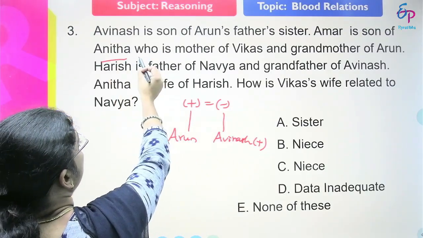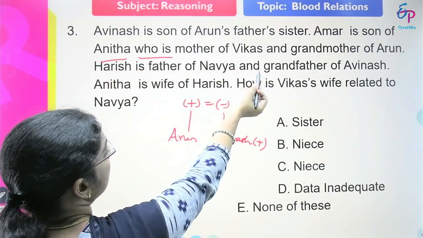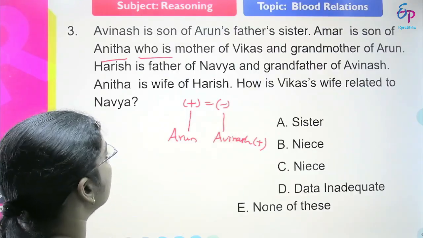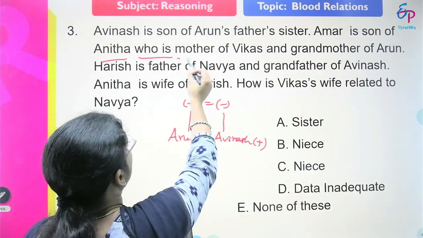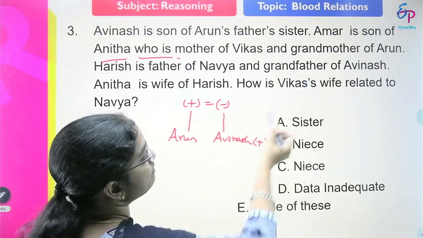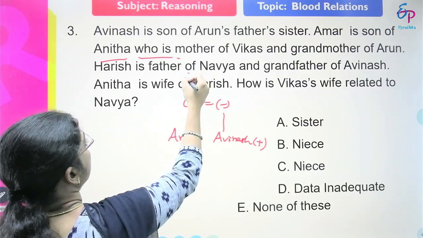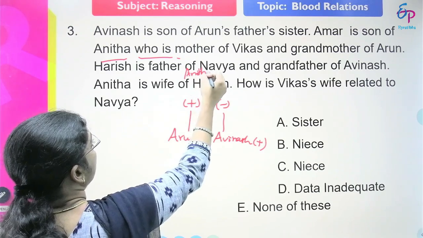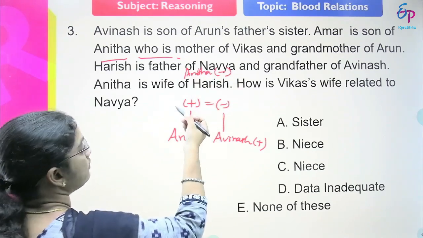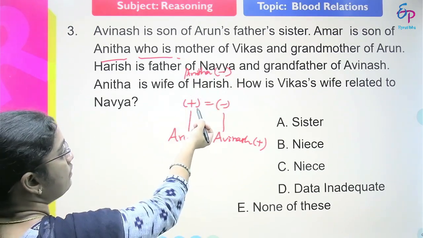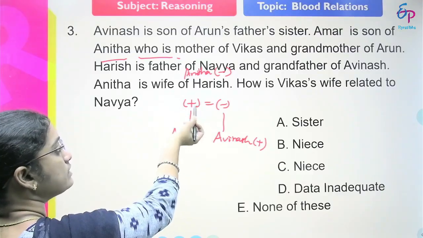And who is that Anita? Anita, who is the mother of Vikas and grandmother of Arun, right? So I want to take Anita here. Anita is a grandmother, so female. But we don't know whether Anita is the mother of this male person or this person's wife's mother.